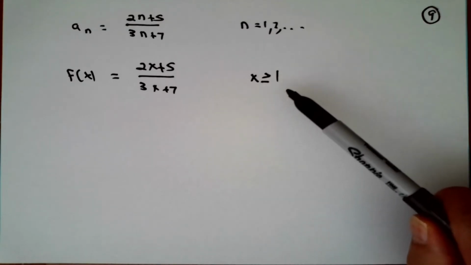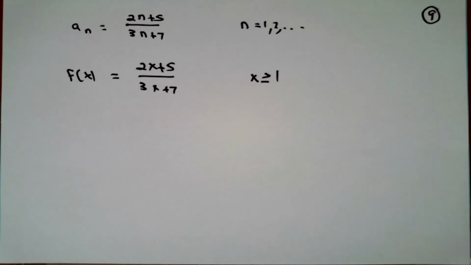So I'll only look at x's that are at least 1. If I can determine that this f function is decreasing on that interval, that'll tell me that the a numbers are decreasing as well. And if f were increasing, that would tell me my sequence increased.